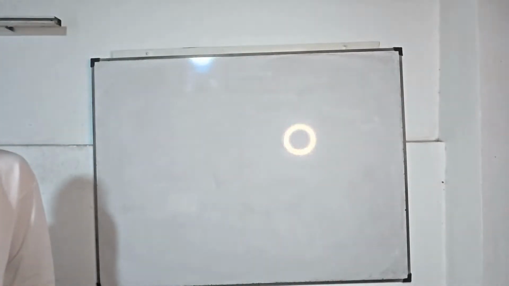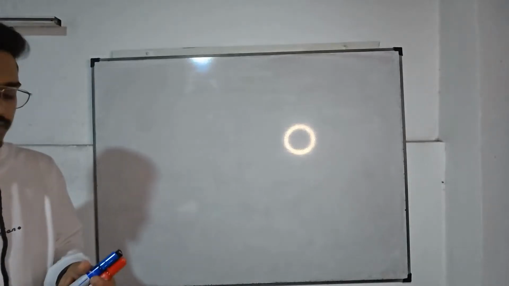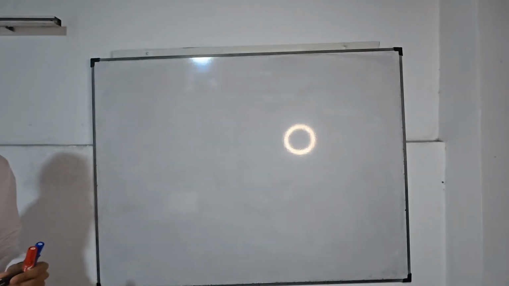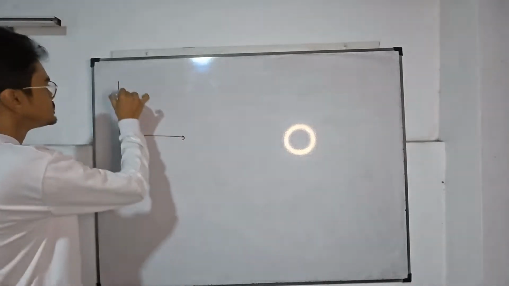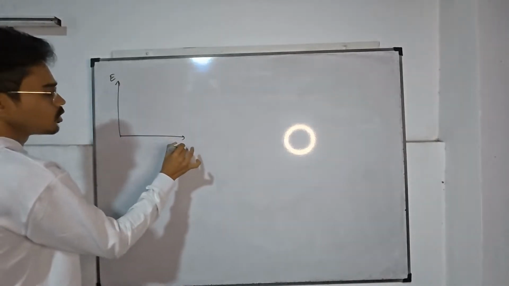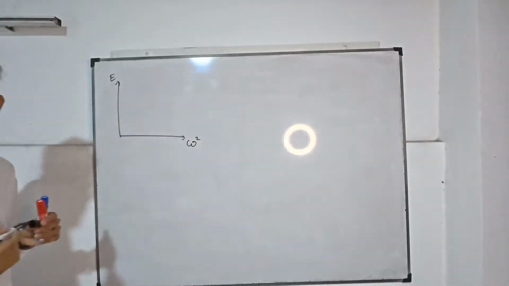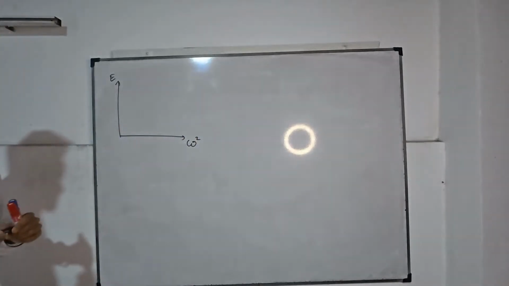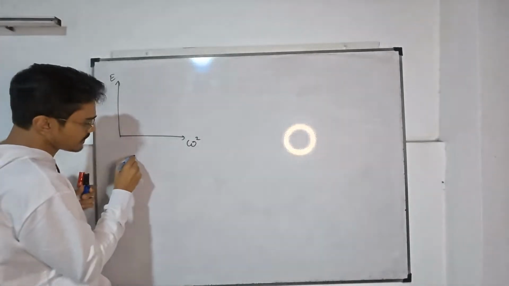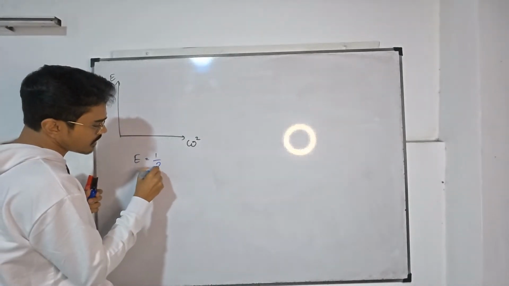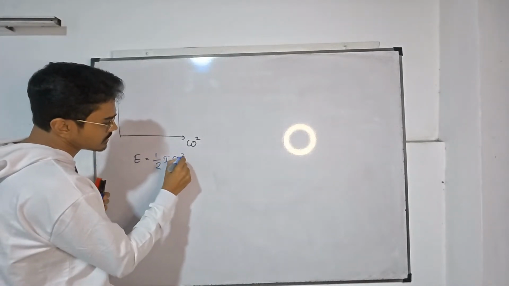E equals half I omega squared, and the first curve is E with omega squared. Now, the known equation is E equals half I omega squared.